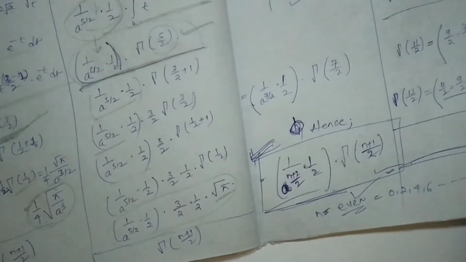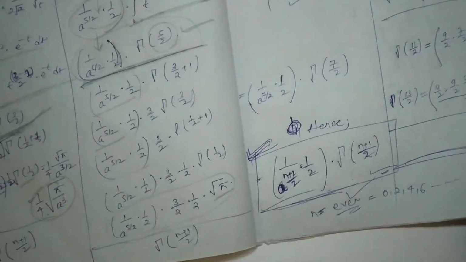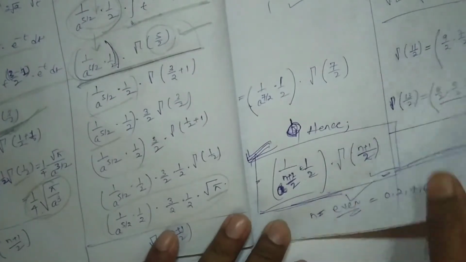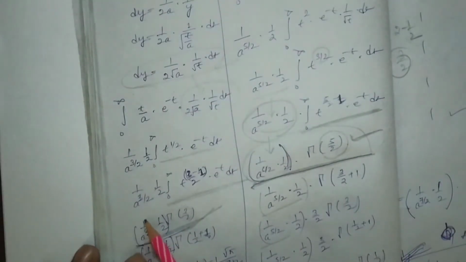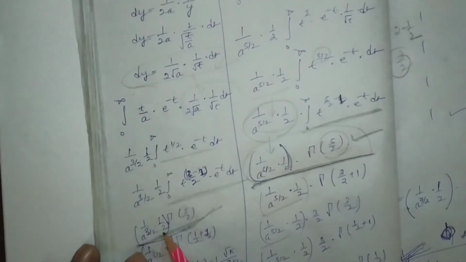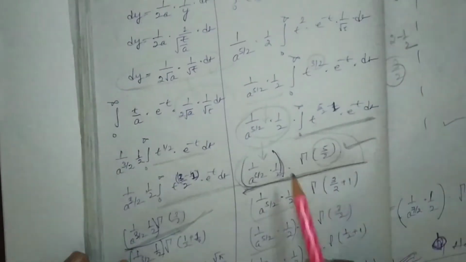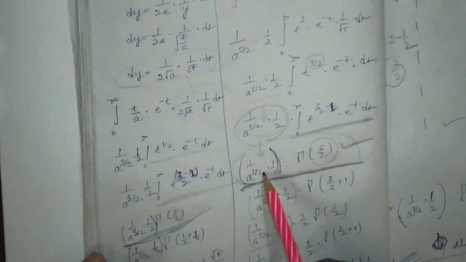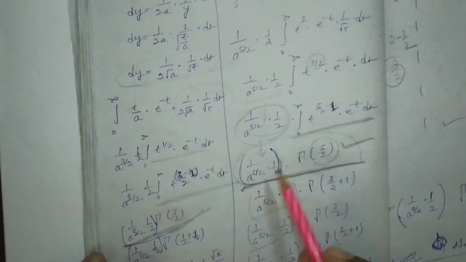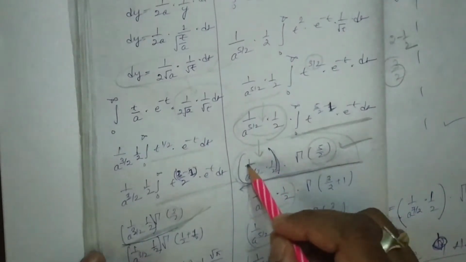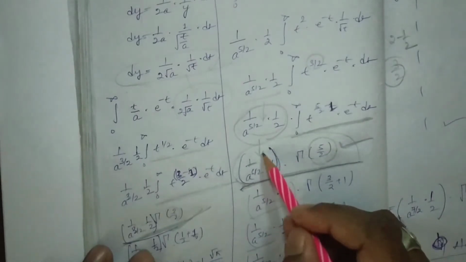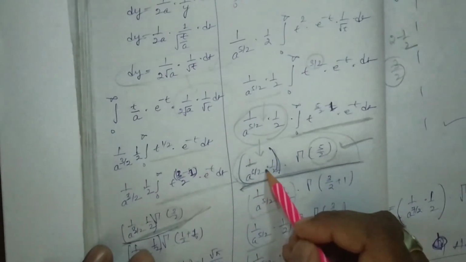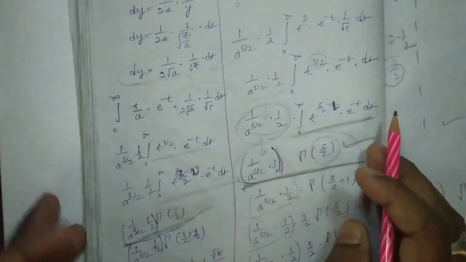In general, you can see that for n equal to 2 we found 1 by a to the power 3 by 2 into 1 by 2 gamma 3 by 2. For n equal to 4 we found 1 by a to the power 5 by 2 into 1 by 2, or 1 by 2 into a to the 5 by 2, into gamma 5 by 2.